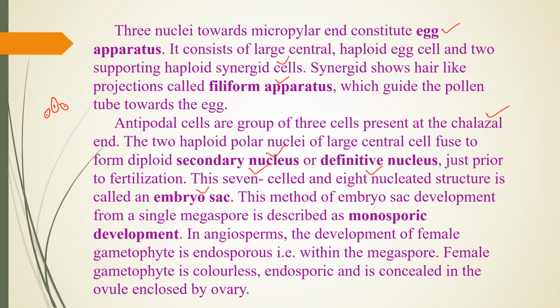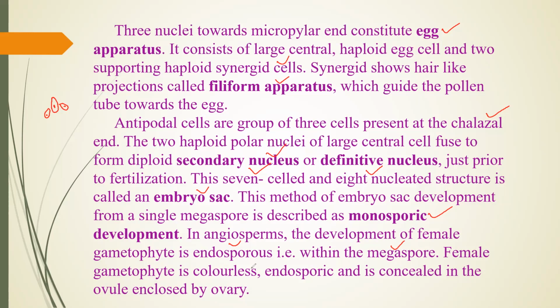So this method of embryo sac development from a single megaspore is described as monosporic development, and in angiosperms the development of the female gametophyte is endosporous. Okay, endosporous, that is, within the megaspore the development of the female gametophyte is going to occur.